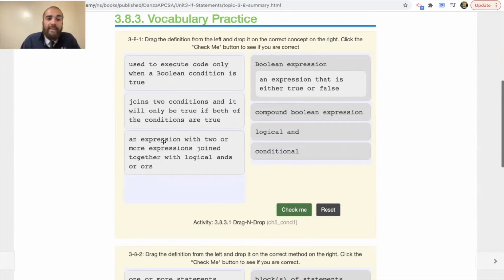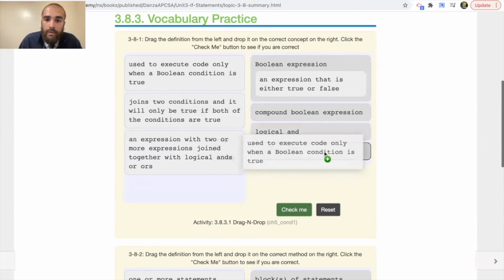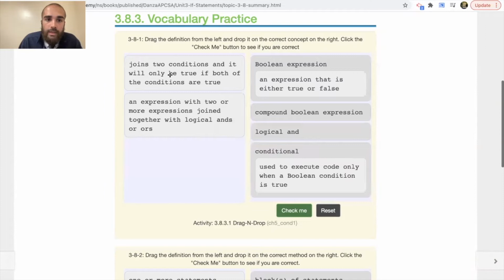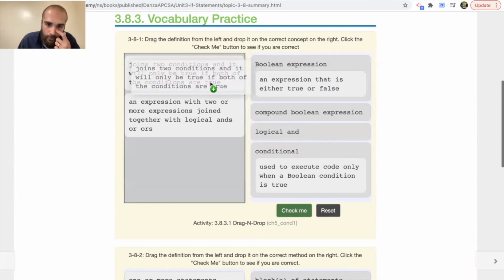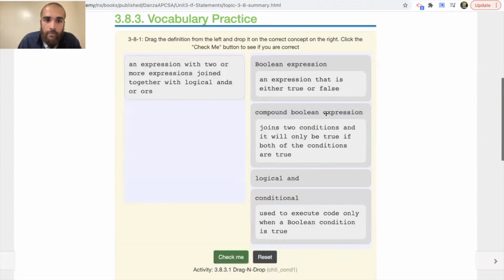Then we have an expression with two or more expressions joined together with logical ands, ors. So used to execute code only when a Boolean condition is true, that would be a conditional. Joins two conditions and it will only be true if both the conditions are true, that would be a compound Boolean expression. And an expression with two or more expressions joined together with logical ands or ors.